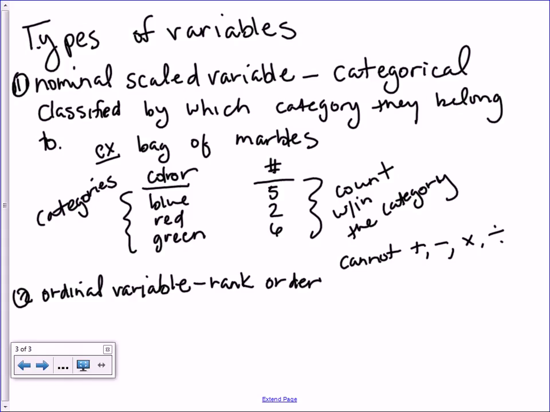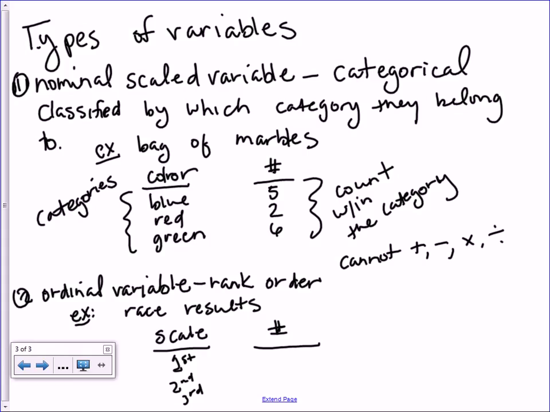Examples of this would be race results. And the race results we have here, the scale being who was first, second, third, and then the actual number would be, I don't know, 21.